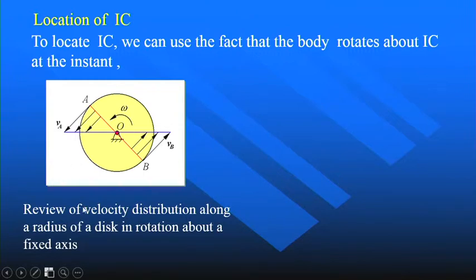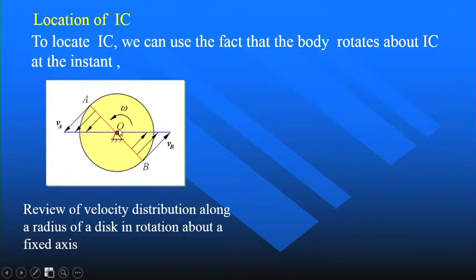Let's review the velocity distribution along a radius of a disk in rotation about a fixed axis. In this diagram, we can see along a diameter AB, all the points have different velocity, but there is a very clear relation. They are proportional to each other.